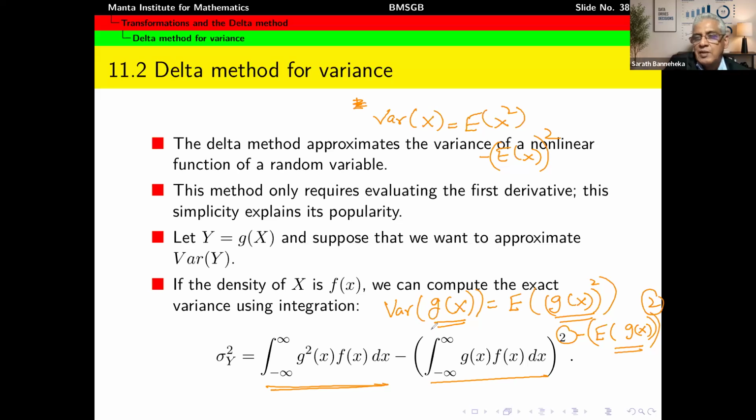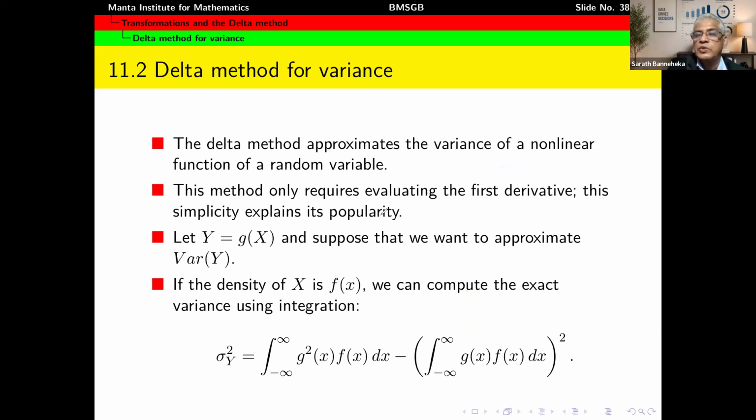But unfortunately, simplifying this expression will be quite difficult, especially when g(x) is a complicated function and f(x) can also be a complicated density function. So instead of trying to get the exact expression, what we'll try to do is get an approximate expression for the variance of g(X).